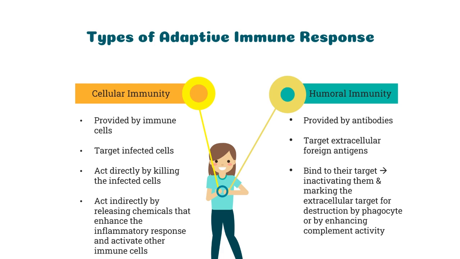So they act against extracellular foreign antigens that are circulating in the blood, not like the cellular immunity, which targets infected cells. And they act by targeting these foreign antigens. They either inactivate them or mark them for destruction by either phagocytes or by enhancing complement activity.